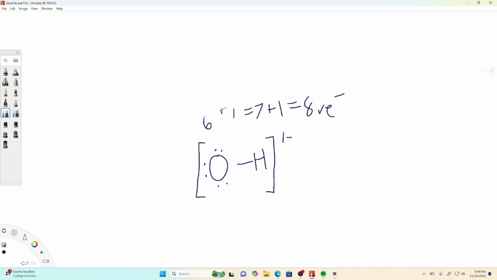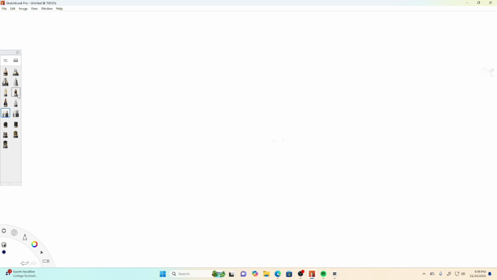Now let's do something else. You can solve this one out on your own paper. If you would like to pause, I'm going to choose ammonium, NH4. So ammonium has a 1 plus charge. If you would like to pause the video, you can solve this out, but I'm going to solve it on my own. So ammonium is 5 plus 1 times 4 equals 9, minus 1, because there's this plus charge.